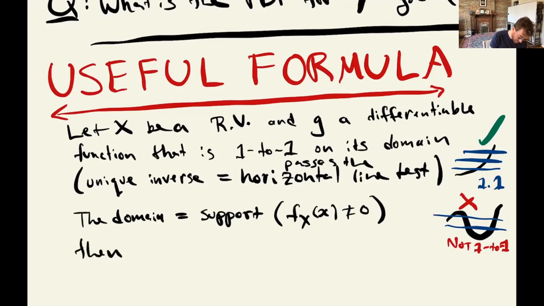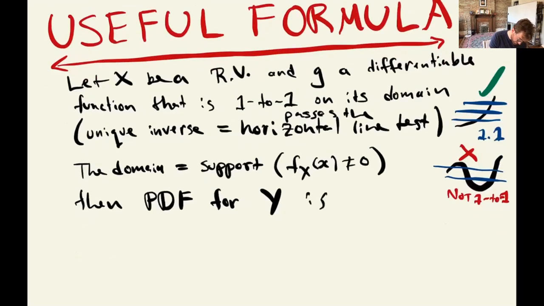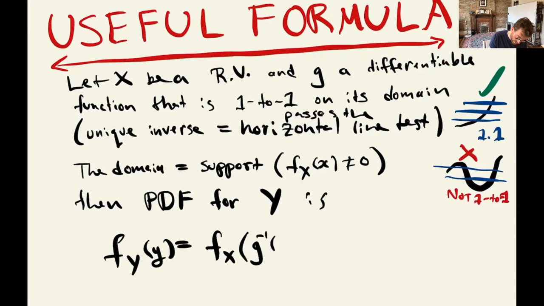Then the PDF for y is, for little y, we need to use the PDF for x, and we're going to be evaluating it at the inverse of y, which is unique because we have a one-to-one function.